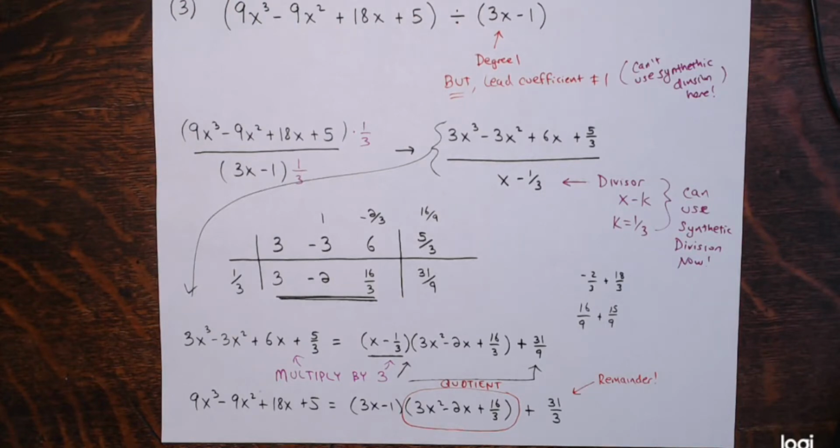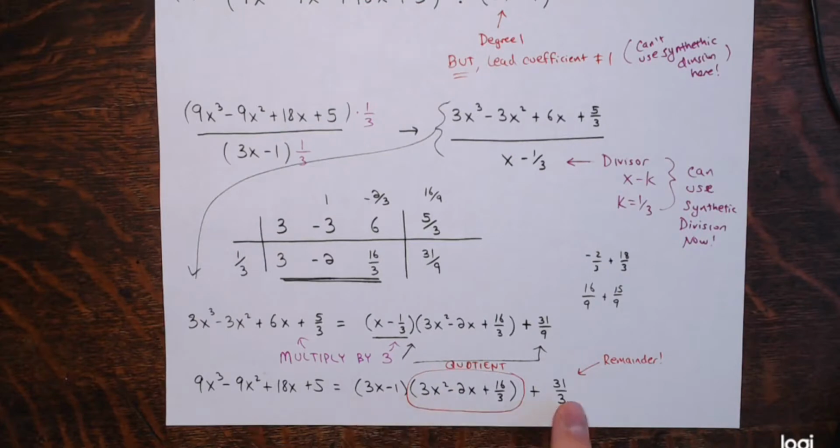And then if you want to check it out, remember you multiply this stuff out down here, multiply these two polynomials, and add the 31/3, and you should get the dividend back. You should get 9x cubed minus 9x squared plus 18x plus 5. But once again, I'll leave that to you to figure out.